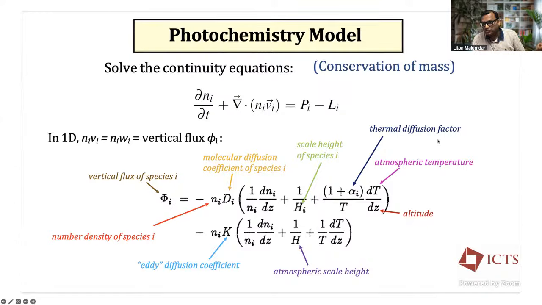Then there is a thermal diffusion term, atmospheric temperature, which largely depends on your pressure temperature profile, the eddy diffusion coefficient, and also the atmospheric scale height, right? So all the physical processes that come into the picture for the atmosphere are integrated within the continuity equations through your diffusion term, through your flux term: how your material gets mixed into the atmosphere, where it is coming from, and how it is changing because of the mixing processes.